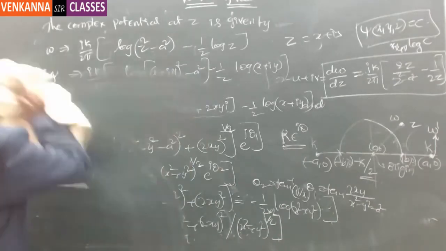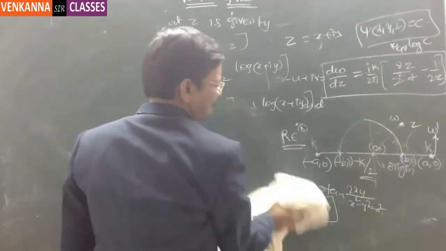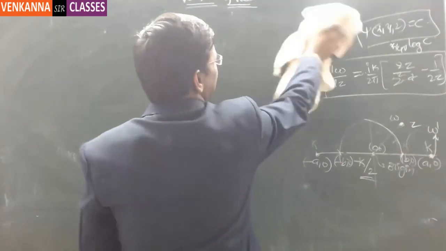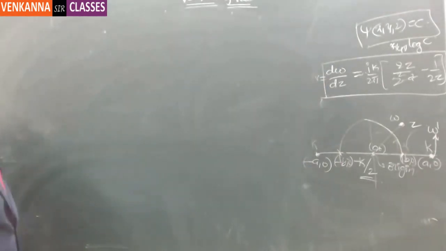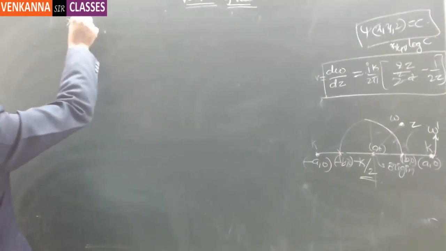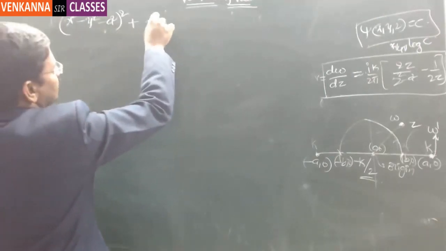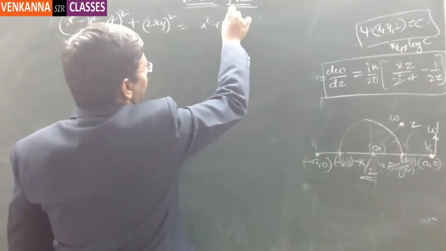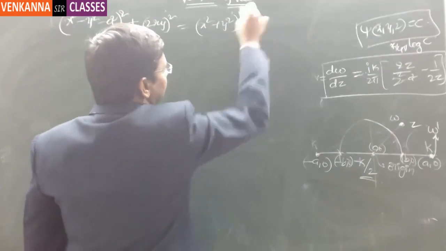Now, the simplified form of this: this equation can be simplified as x square minus y square minus a square whole square plus 2xy whole square is equal to x square plus y square whole power 1 by 2 times some random constant d.